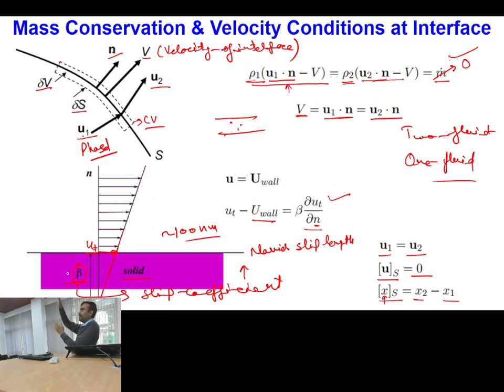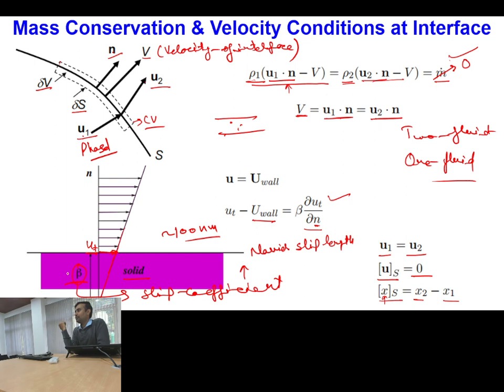But we see, for example on a window, when small drops form because of condensation on the window glass, after some time they travel in the downward direction because of the gravity force. That will appear as a singularity. Ideally that cannot happen because of the no slip condition, but something is allowing the drop to move relative to the surface. That is where the Navier slip length can be important.